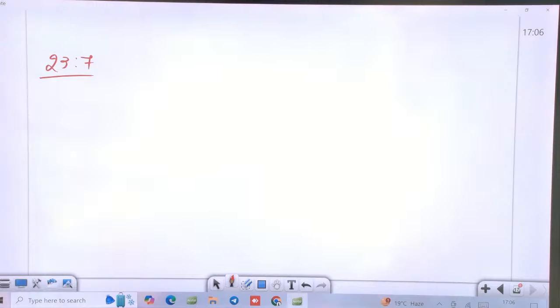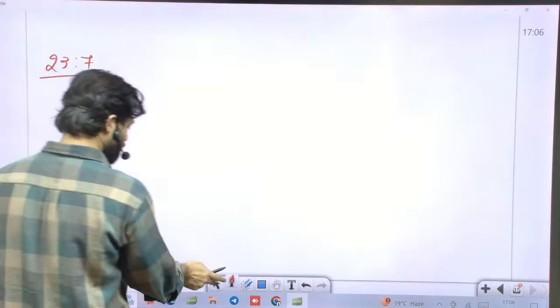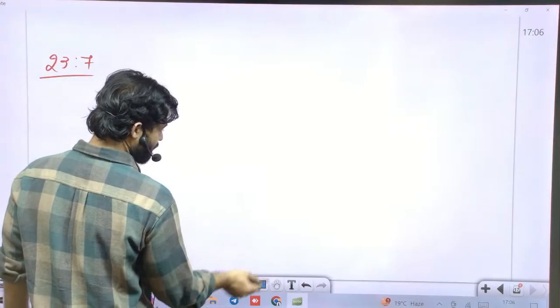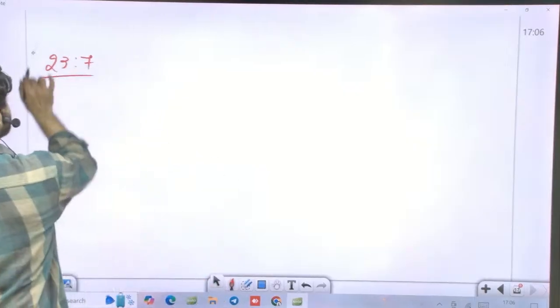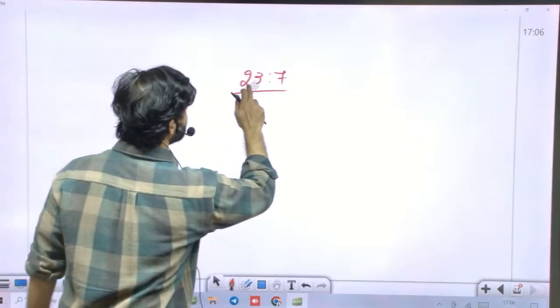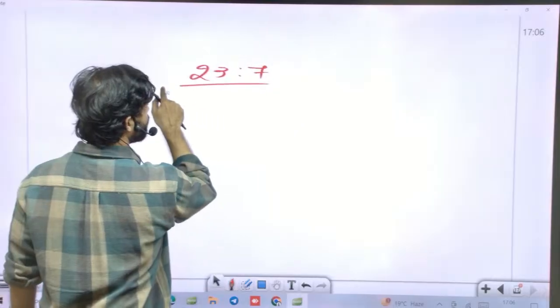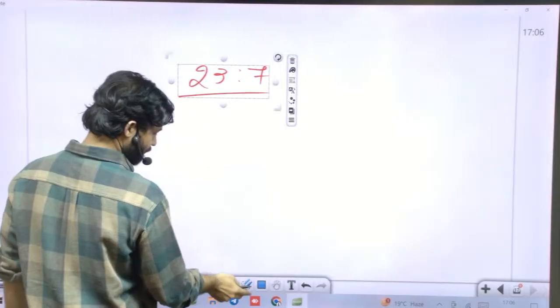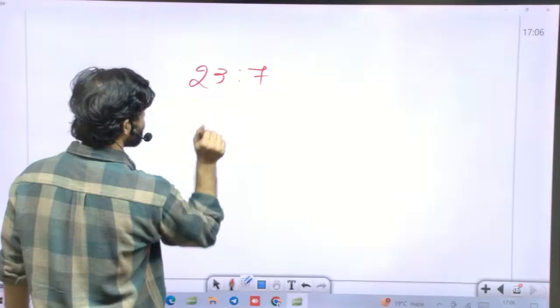Okay, look at the board now. What is this 23:7? It has created a lot of chaos. This is 23:7.